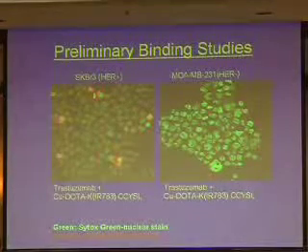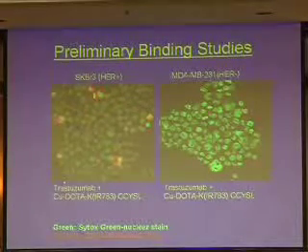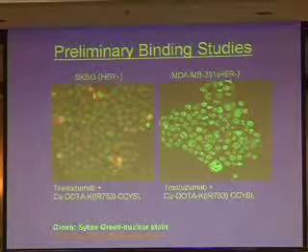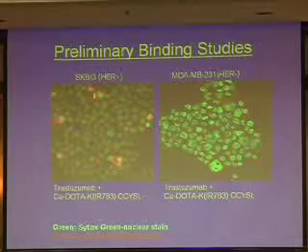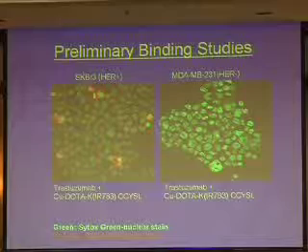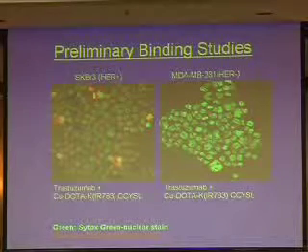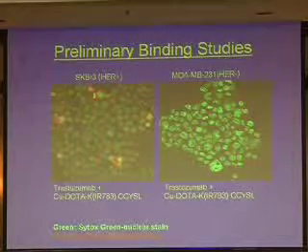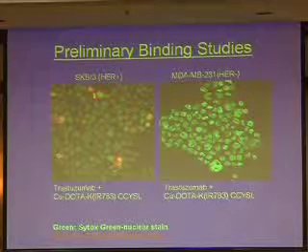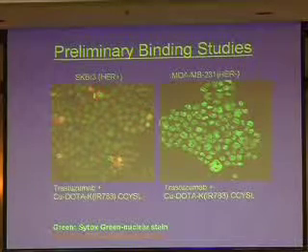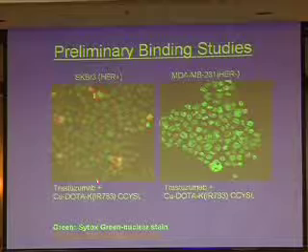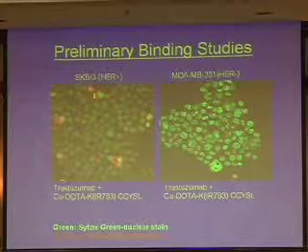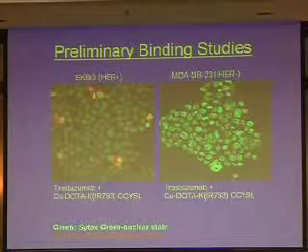An additional experiment that was done involved the trastuzumab antibody that I mentioned before, and the purpose of that experiment was to determine if this peptide has the same binding site as the trastuzumab antibody. What we did was first incubate the 2 different cell lines with the trastuzumab antibody, followed by incubation with the peptide.